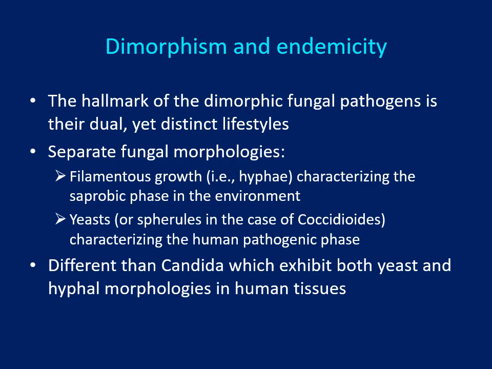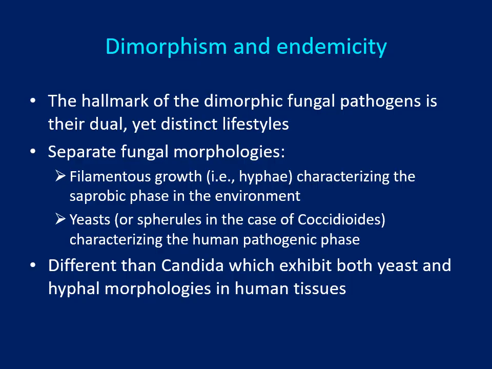The dimorphism and endemicity, the hallmark of the dimorphic fungal pathogen is their dual yet distinct life cycle, which means that if you see them in nature, they are usually present in the filamentous form, in the hyphal form, and if you detect them in a human body, then they appear in the yeast form. So this is the word dimorphic here.